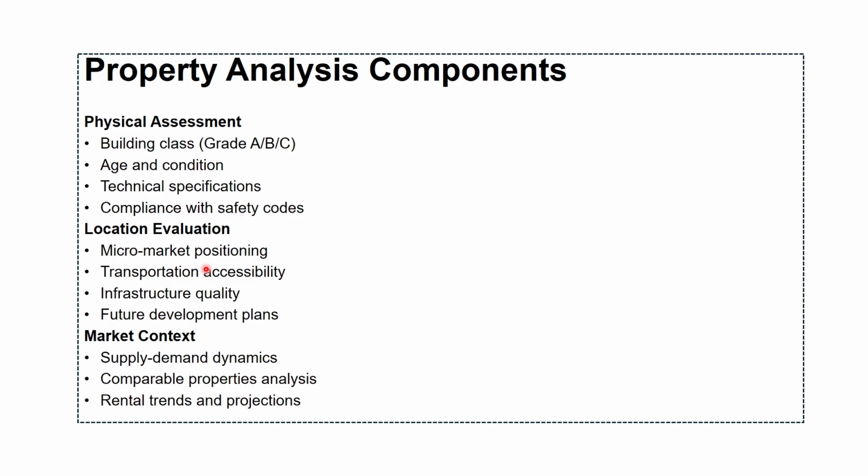Maybe there is a road widening project which is about to come, or maybe there is some new flyover which will make access easier. So these are things which have to be analyzed. And then market context, supply demand dynamics.